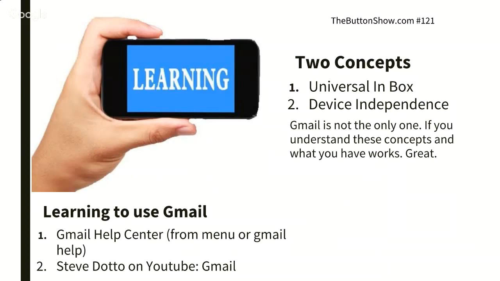You're using the Gmail app as your universal inbox. And the second concept is device independence, meaning you'll see the same inbox whether you're looking at your iPhone or your Android device or your computer.